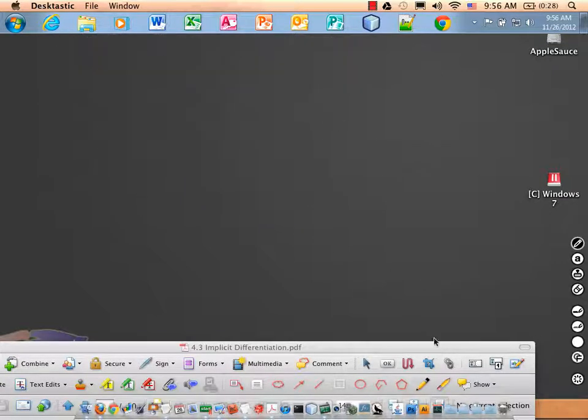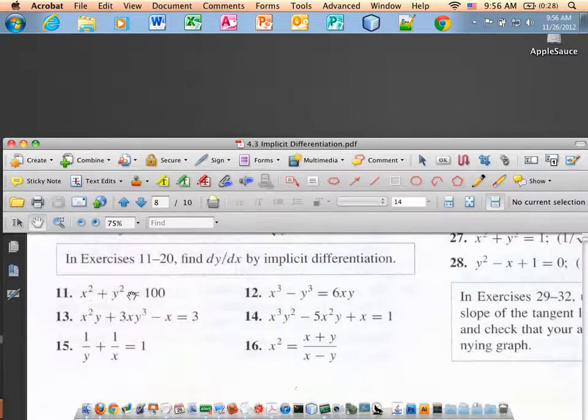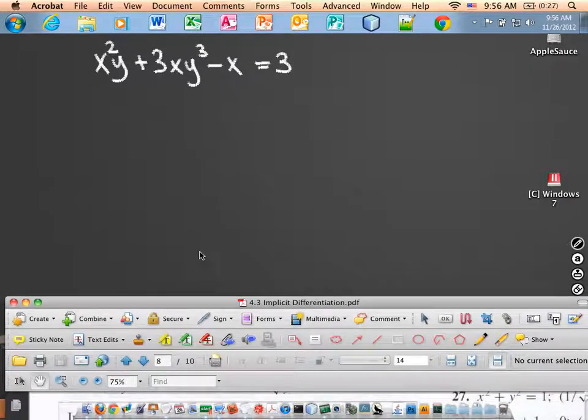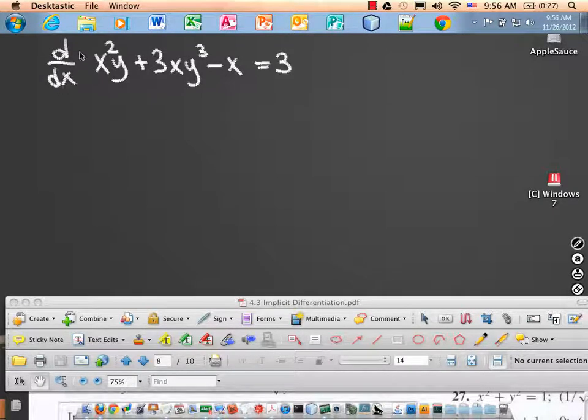Okay. All right, let's just work another one. Let's take this one: x squared y plus 3xy cubed minus x equals 3. What rule do I have to use first if I take the derivative? Product rule, yeah. First times the derivative of the second.